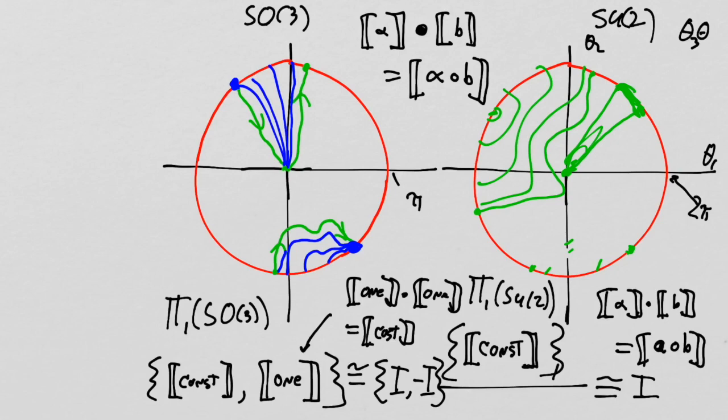The equivalence class of that loop is what we mean by the operation of the equivalence class of A times the equivalence class of B. I think we discussed that in our last lecture.